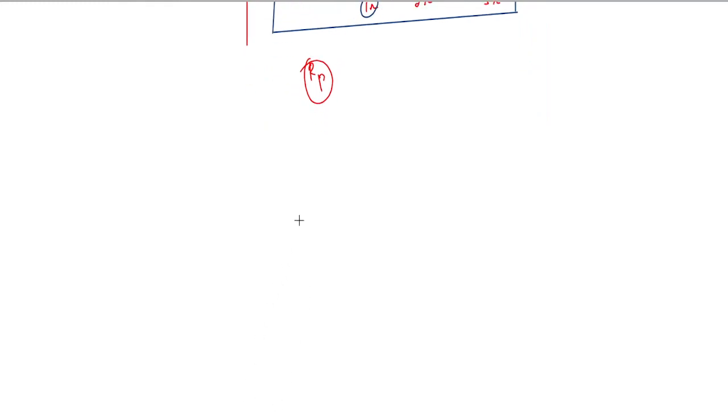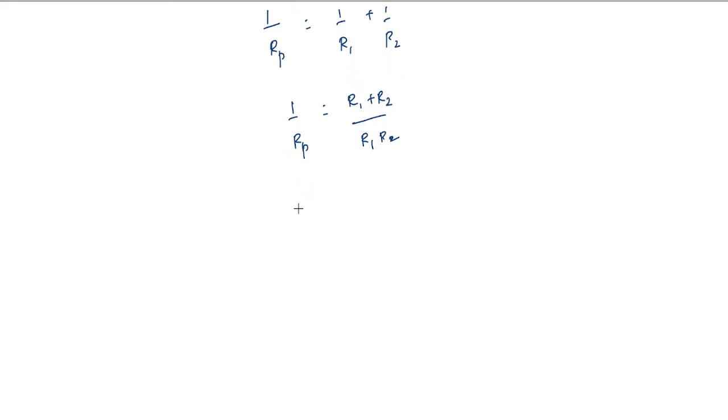Now if you have only two resistors, then 1 by Rp is 1 by R1 plus 1 by R2. If you take LCM and solve it, it becomes R1 plus R2 by R1 R2. This is 1 by Rp, or Rp alone is equal to R1 R2 by R1 plus R2.